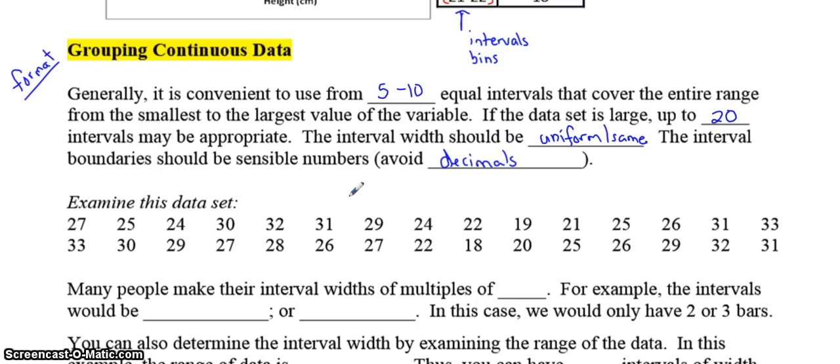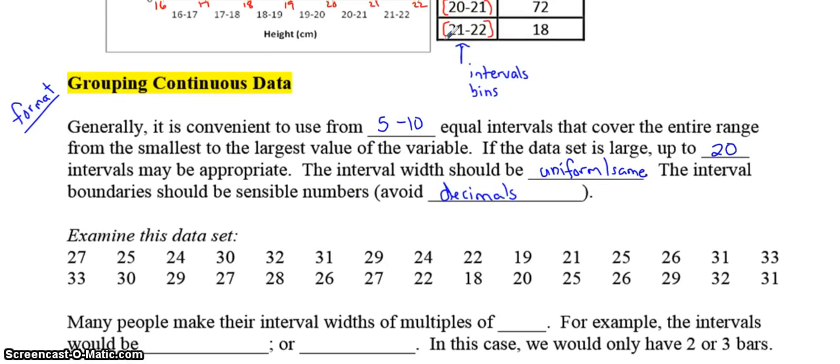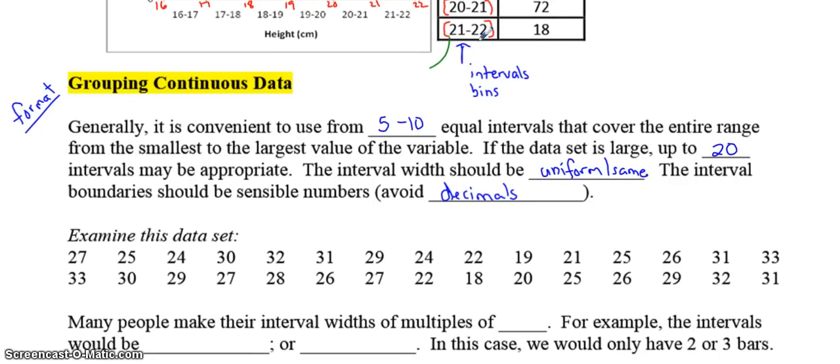So you'd want your intervals to be like 5 to 10. You wouldn't want them to be 5.5 to 7.99, things like that. So try to avoid decimals in the boundaries of your intervals. So these numbers here are your boundaries.